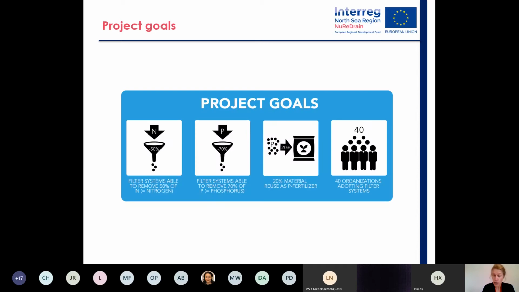Our project goals are to develop filter technologies that can remove at least 50% of nitrogen, 70% of phosphorus, and with the phosphorus that is being retained, we aim to reuse at least 20% of it as fertilizer. And we would like our technologies to be adopted by at least 40 organizations at the end of our project.